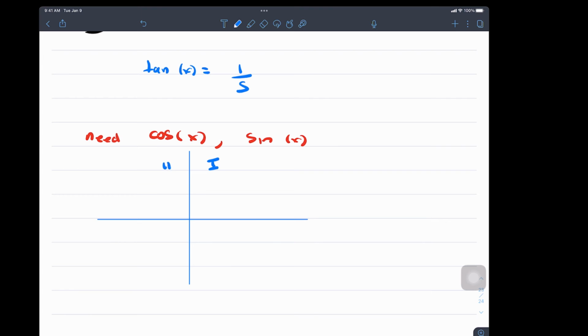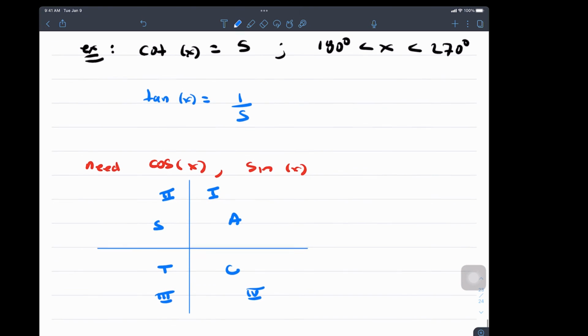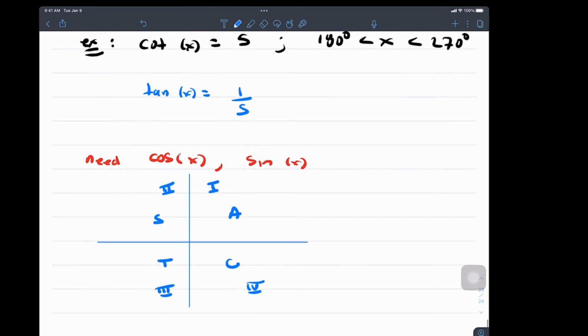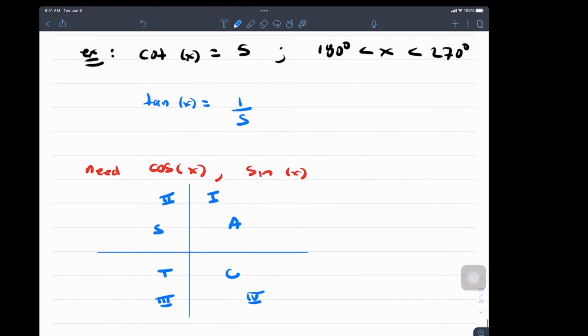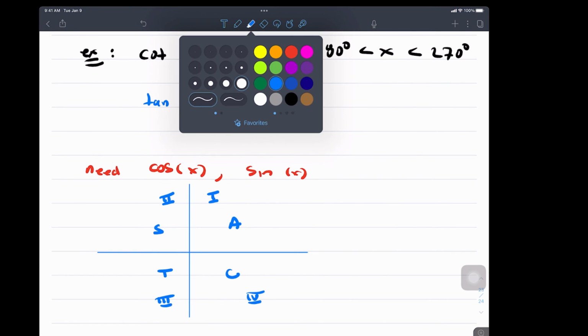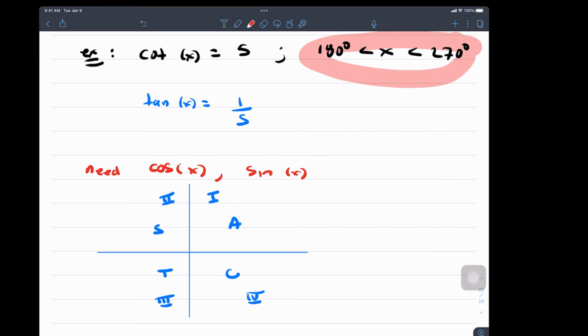Quadrant 1, quadrant 2, quadrant 3, quadrant 4. All students take calculus. Okay? Now, where is this angle? What did they say here? What does this mean up here? That means, what quadrant is this? 180.